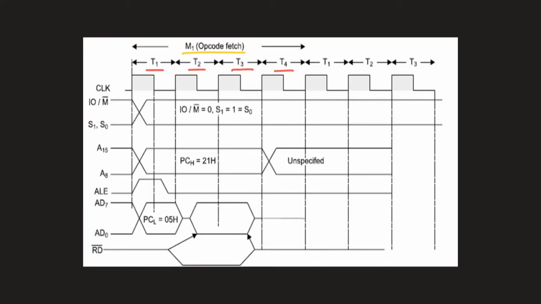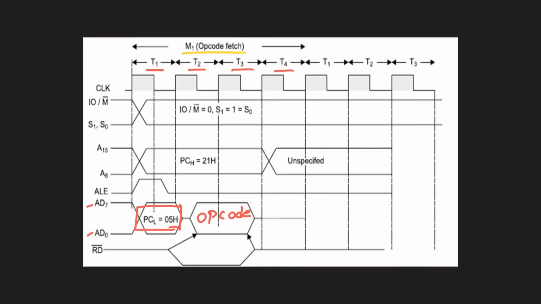Now let's see what are the values in each of these signals which are shown here. First, let's discuss the multiplexed address and data bus, that is AD0 to AD7. In the first T state, these 8 lines will have the lower order address from the program counter, and in T2 and T3 T states it will have the opcode of the instruction.